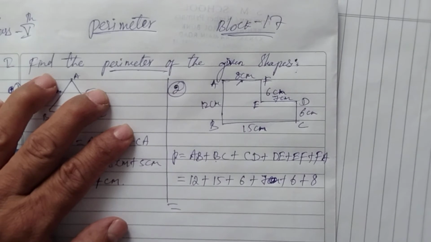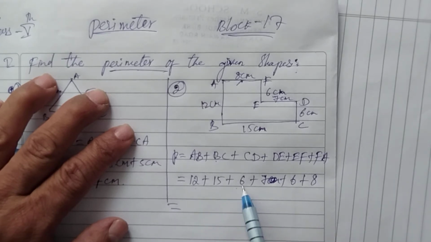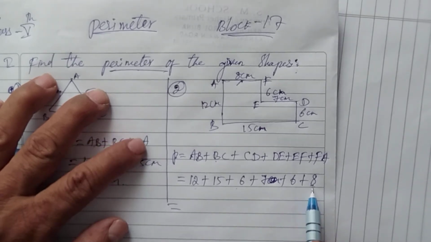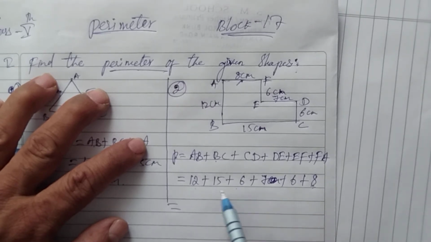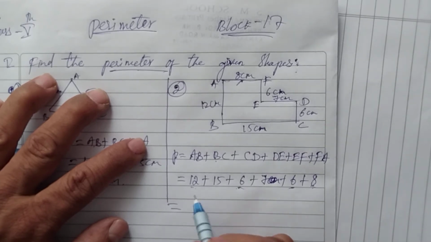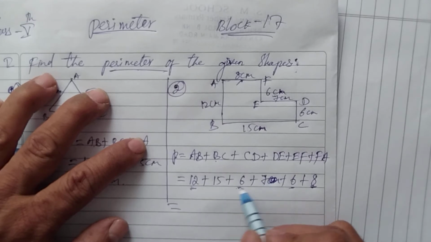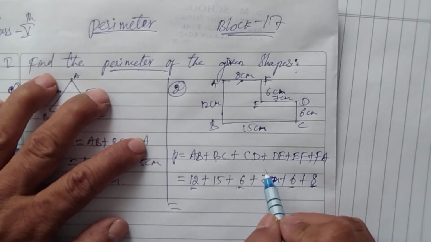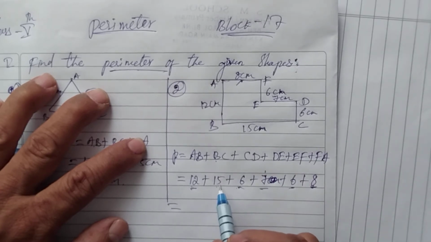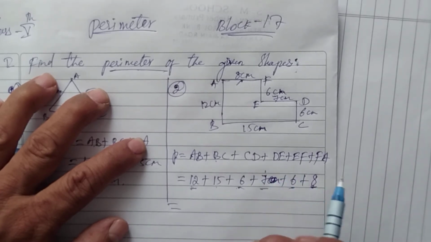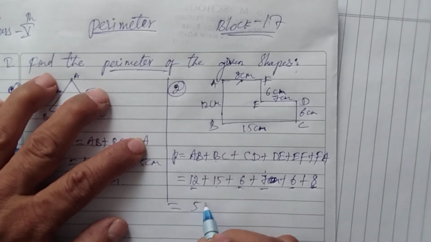If we add this full, you see 6 plus 6 is 12, 12 plus 12 is 24, 24 plus 8 is 32. 32 plus 7 is 39, 39 plus 15 is 54 centimeter.